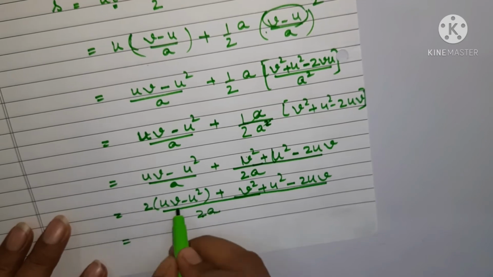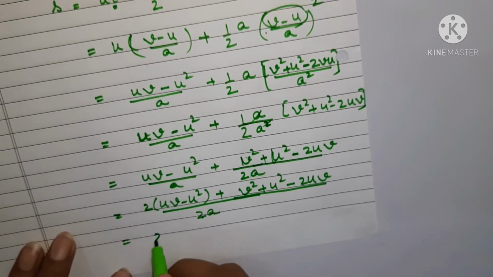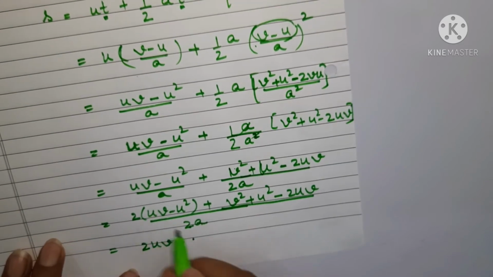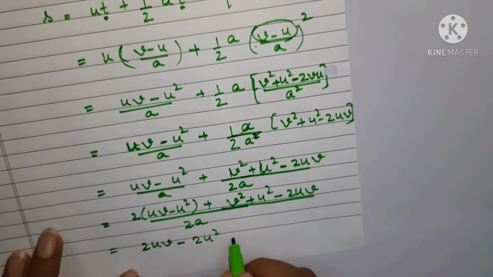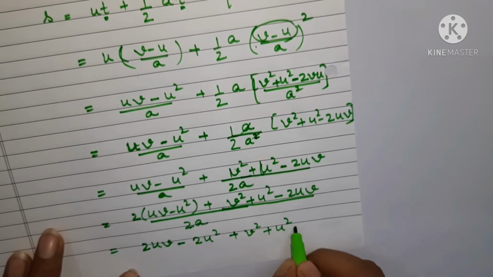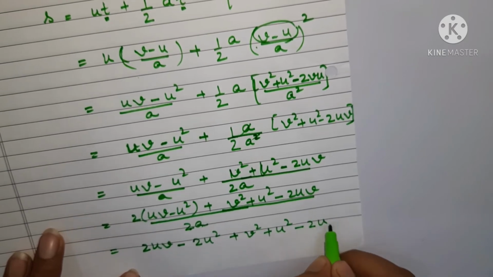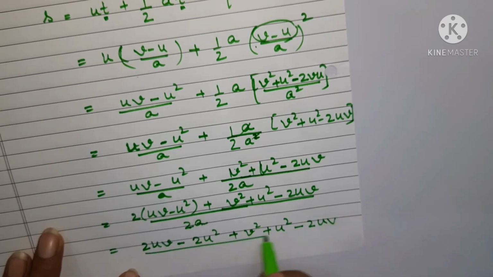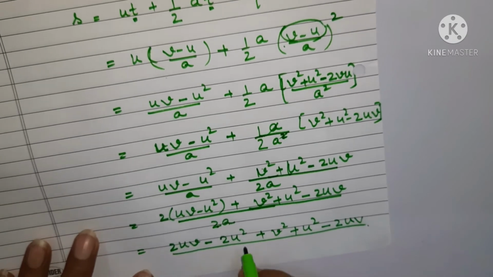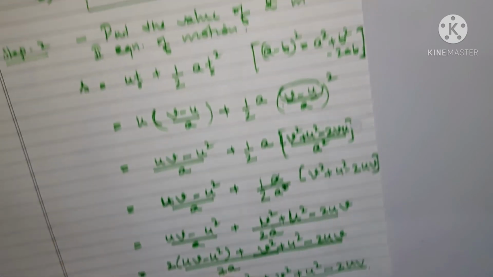So open the bracket now. It is 2uv minus 2u square plus v square plus u square minus 2uv, and upon you are having 2a.